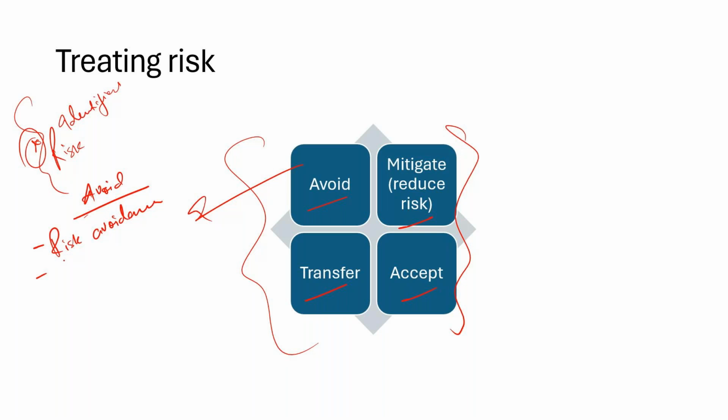If you're seeing that a risk has a very large impact financially, reputationally, or from a legal perspective, to a level which we cannot tolerate, or we don't have the appetite for, we will not do the process, or will not go ahead with that particular tool or technology altogether. And that's your risk avoidance.